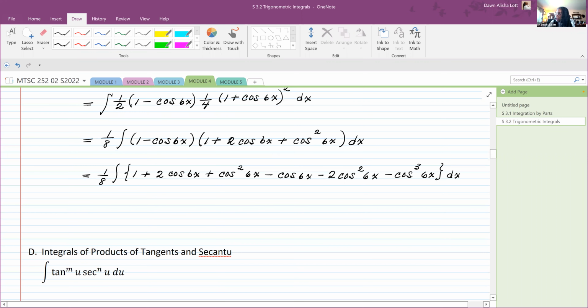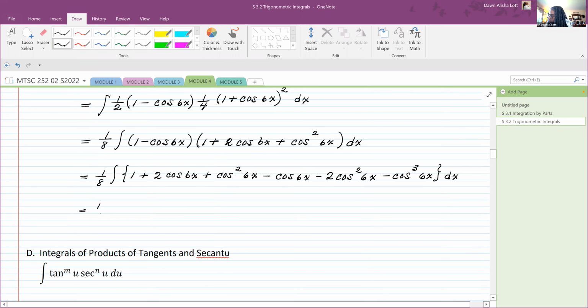Oh, I forgot my integral sign. So now I get 1/8 the integral of 1 plus cosine of 6x minus cosine squared of 6x minus cosine cubed of 6x dx.